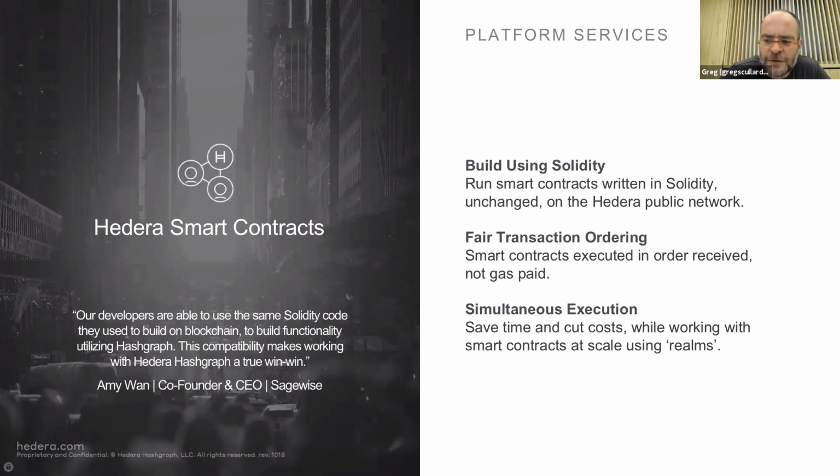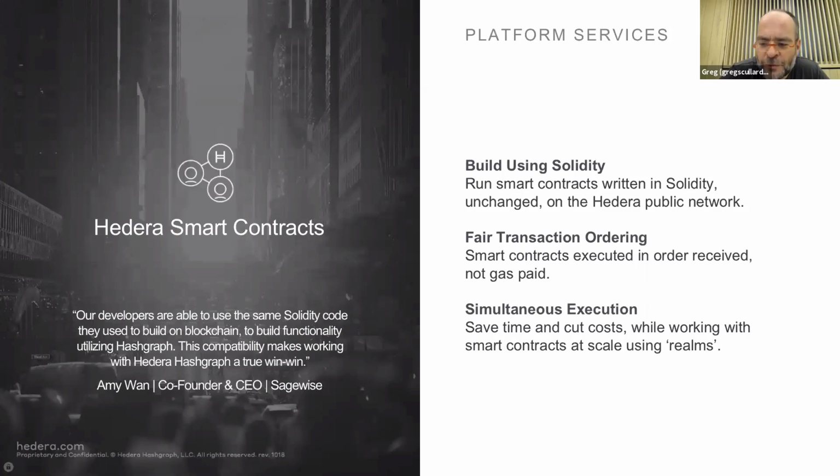And developers can execute smart contracts simultaneously on the Hedera network using realms. So realms are a subdivision of a shard. And within any given realm, all smart contract functions have to run sequentially. It's not possible otherwise to run smart contracts in parallel. Realms is new. The traditional categorization of things in DLTs is shards.